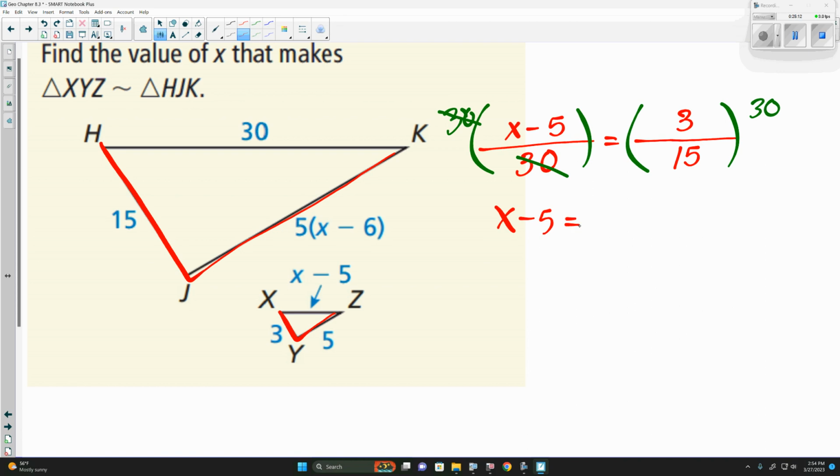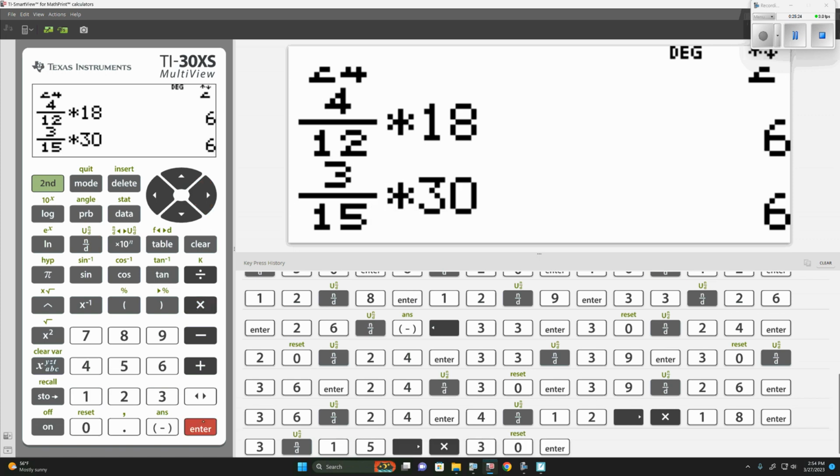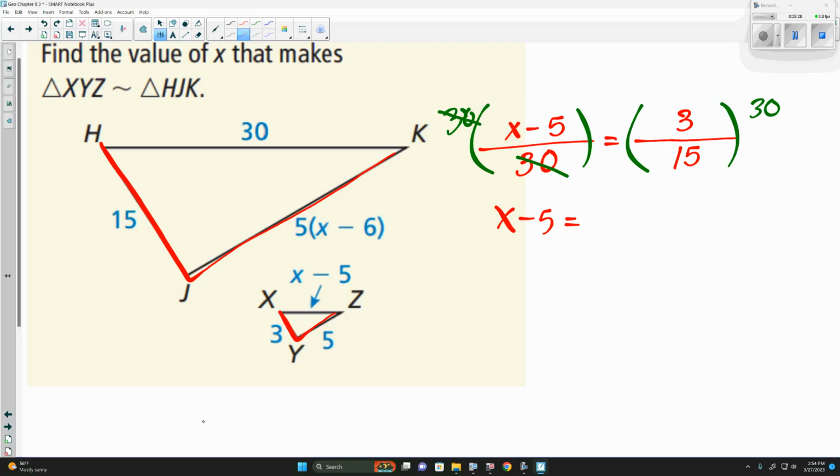Now, on the last one, we also multiplied both sides by 15. But let's see what 3 over 15 times 30 will give us. It gives us 6. Now, the reason we're multiplying both sides by 30 is to get the fractions to simplify, to go away. Now, just multiplying by 30, did all the fractions simplify?